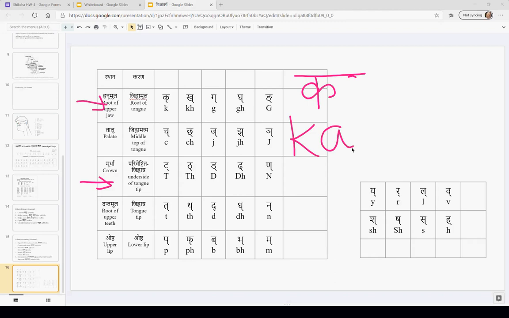Anybody would like to volunteer other than Radhika? To pronounce the words. Kaka? Yeah, kaka. Kaka means crow.